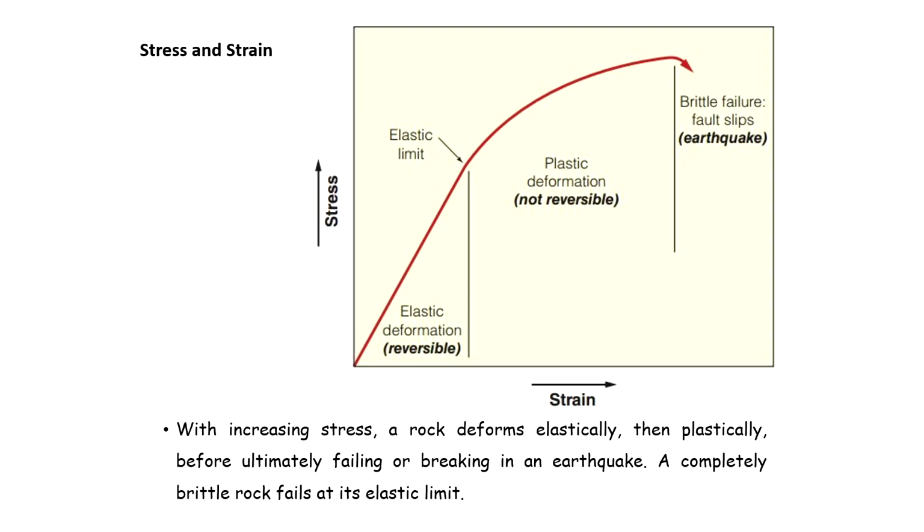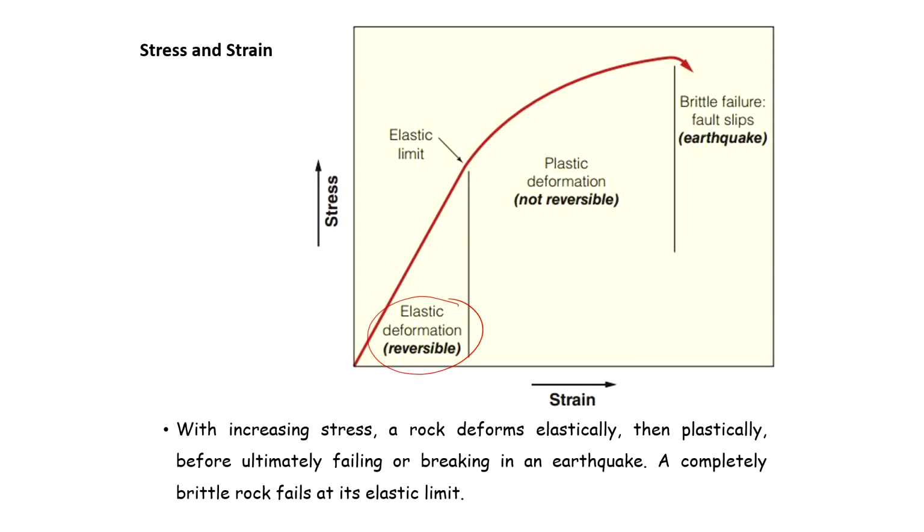We have the elastic deformation, which is reversible, and we see this after the deformation, because material in the crust is elastic. So they have what we call the theory of elastic rebound.